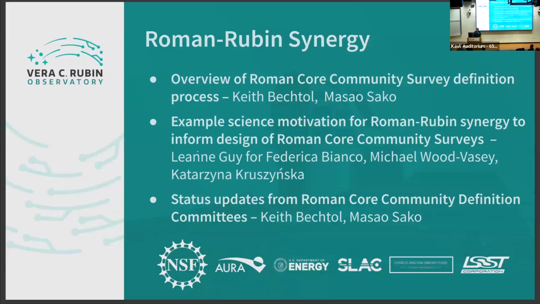Sorry if you said this and I missed it, but who will have access to the derived data products? Everybody who has data rights on either survey, or just the people in the crossover, or everybody in the world? Everyone in both consortiums will have access to these data products.